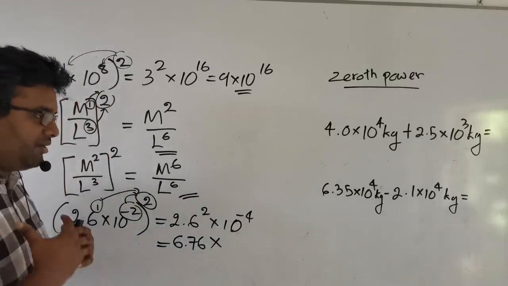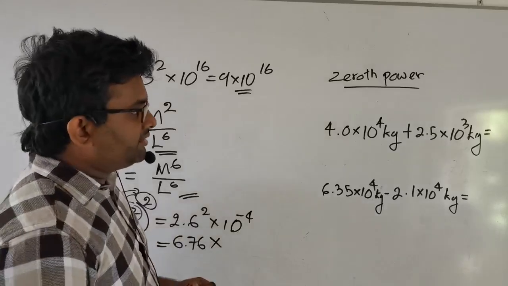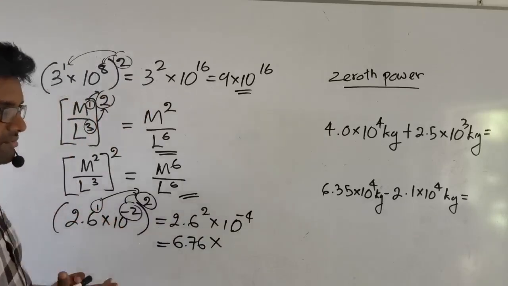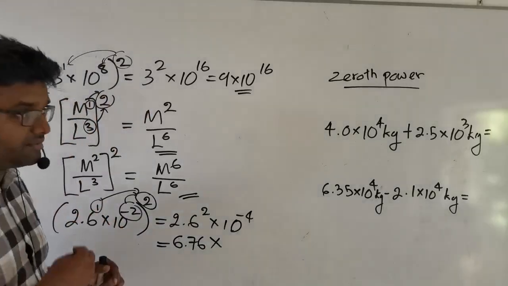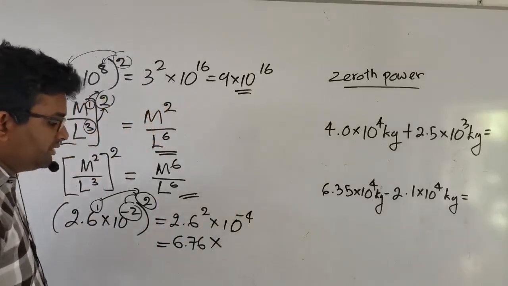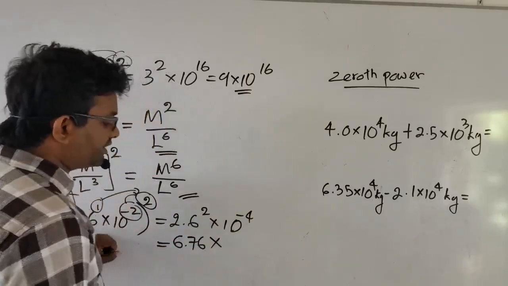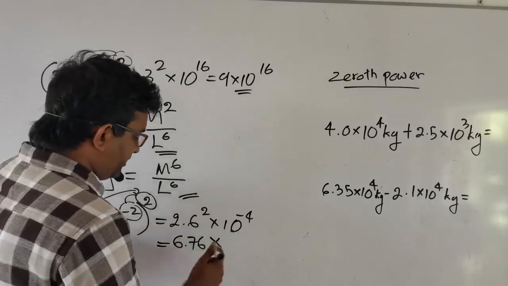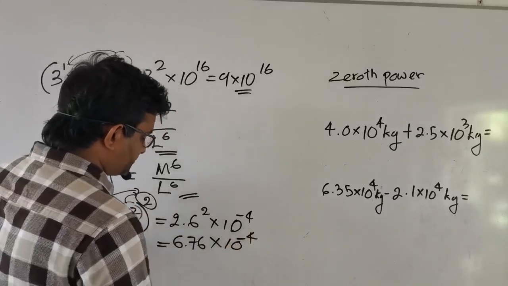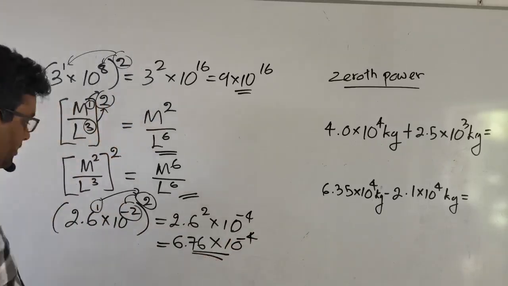So always try to maintain your ability of simplifying and solving problems with numerical values, because you are not given a calculating exam, right? Then 10 to the power minus 4, this is the final answer, right?